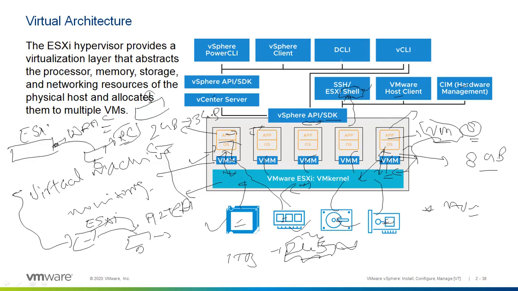Another method from CLI is you are going to access through PowerCLI, vSphere CLI, vSphere client, direct console, CLI through vCenter as well. So you will access your ESXi via vCenter, and vCenter can be further accessed by all these methods, right? So there are a number of methods for accessing the ESXi.